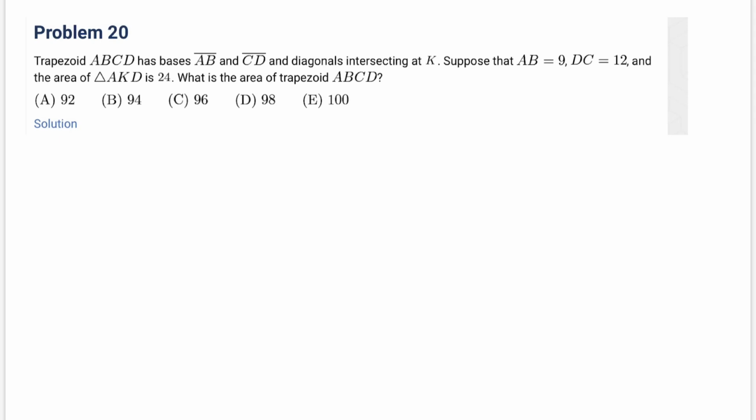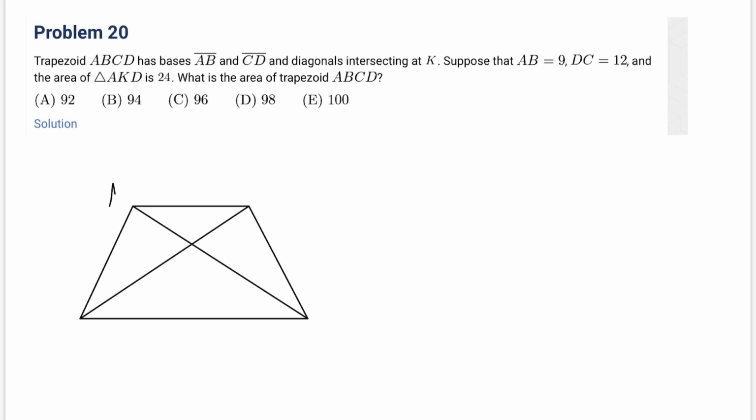AB equals 9, CD equals 12, and the area of AKD is 24. Okay, so this would be A, B, C, D, and this would be K, right? Suppose AB is 9, DC is 12, and AKD is 24.